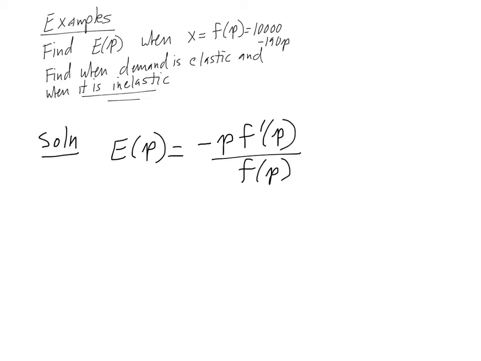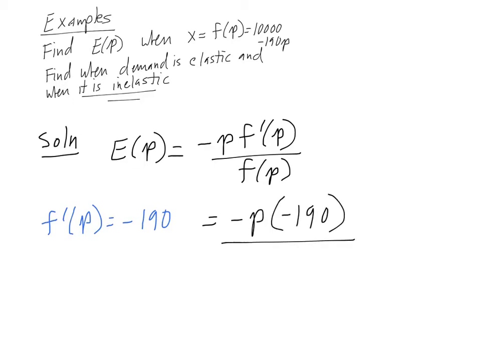Okay, so f prime of p here is going to be nice and simple, minus 190. And so, therefore, this equation is going to give us minus p times minus 190 over 10,000 minus 190 p.